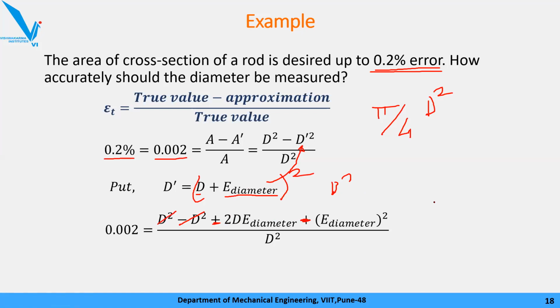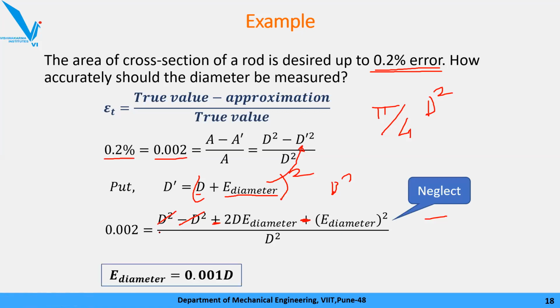This minus sign I'll take as common. Then the error diameter square we will neglect, divided by d square. So ultimately what we got: this e diameter square we have neglected. So minus 2d e diameter, the d will get cancelled.